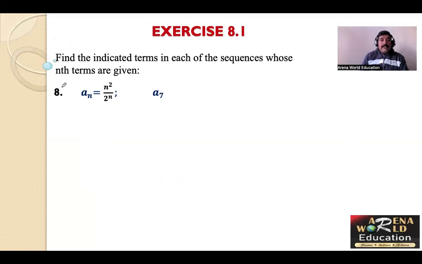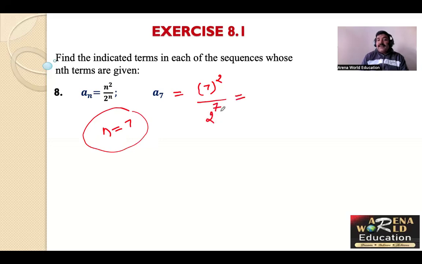So here again, this is a type 2. An is given as n square divided by 2 raised to power n, and we have to find a7. So what we will do, we will just replace n with 7. So yes, it will be 7 square divided by 2 raised to power 7, right?